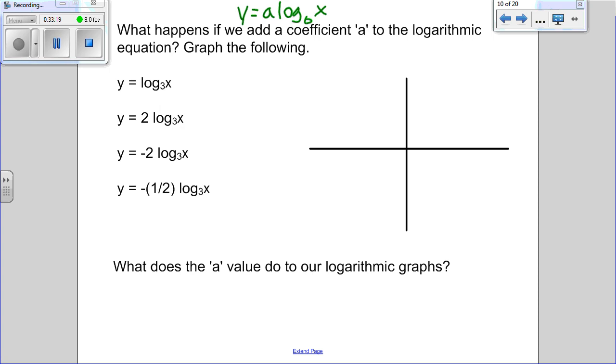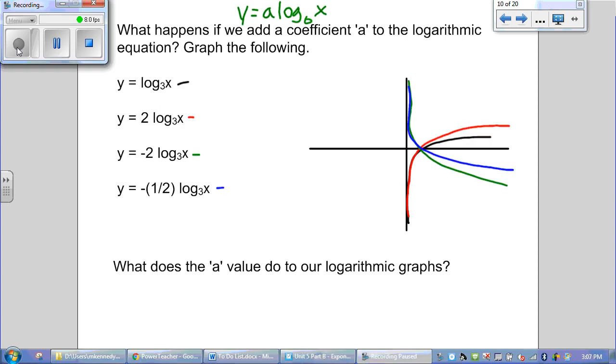Our a value on our last question told us what our y-intercepts were. Our a value in these questions, did it change our x-intercepts? No, it didn't change our x-intercepts. Okay, so that's a little bit different for us. So that's something that's not opposite of each other. But what it did change was our end behavior again, right? So it changed whether I was going to open upwards or open downwards.